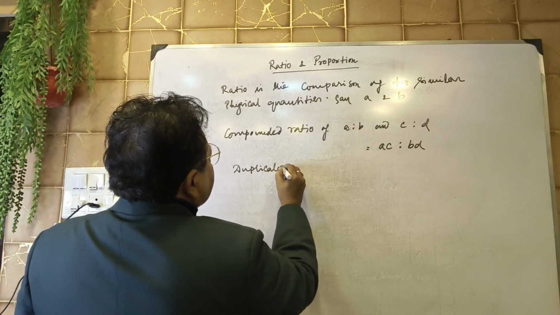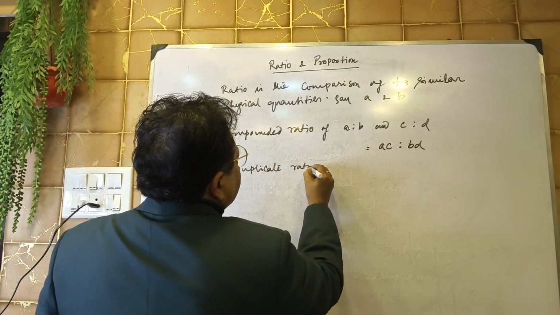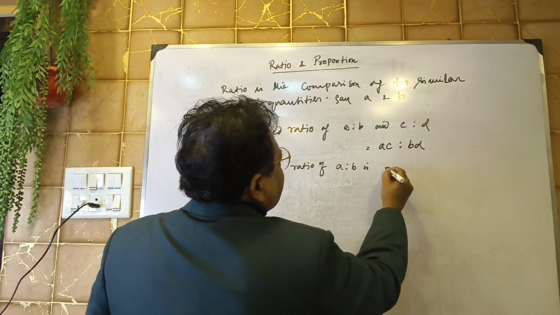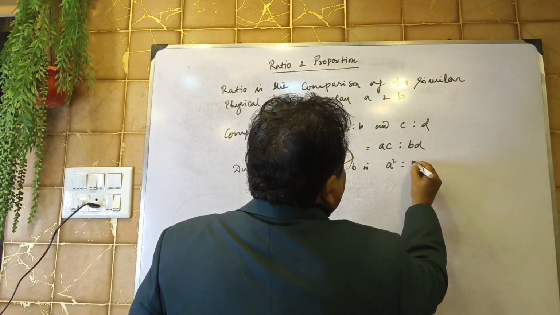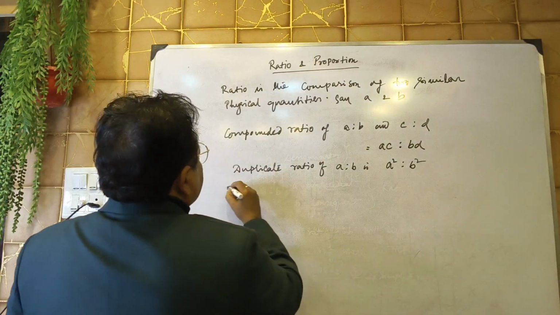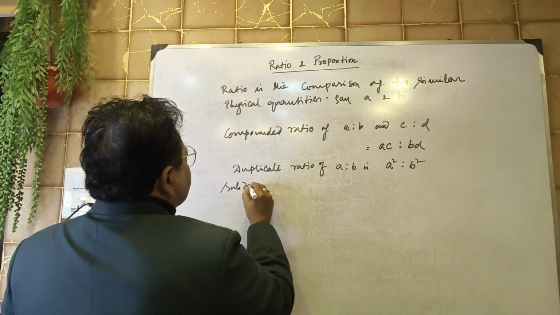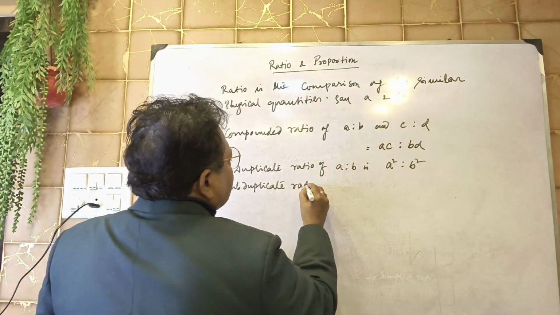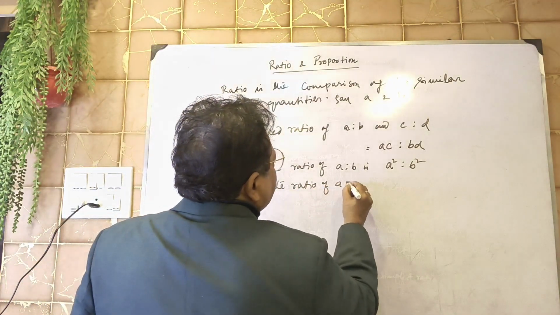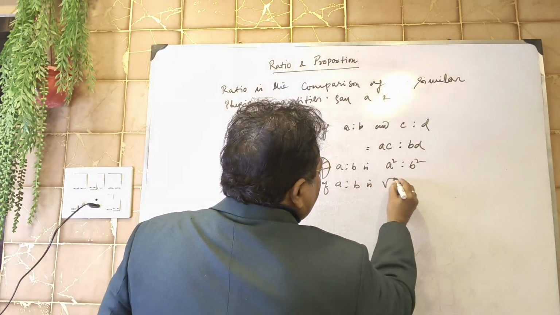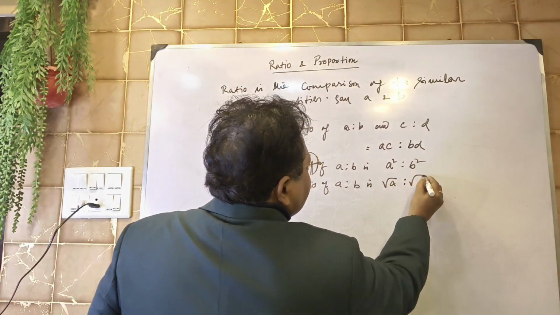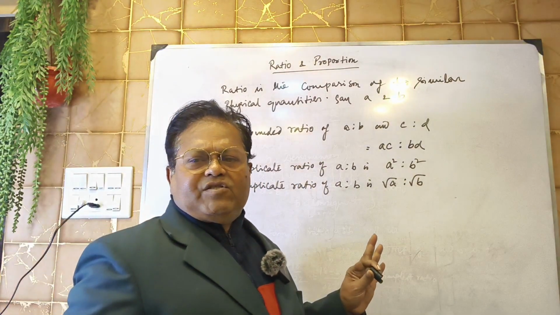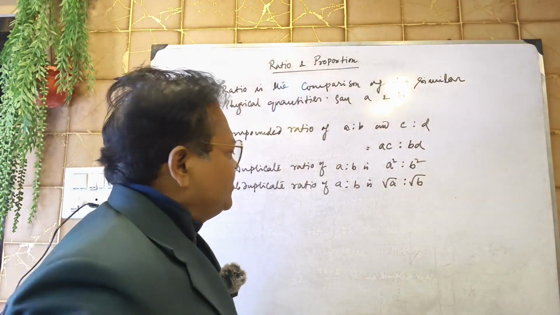Duplicate ratio of A is to B is A square is to B square. Subduplicate ratio of A is to B is root over A is to root over B. That I am telling about the properties of ratio. Then I will go to proportion.